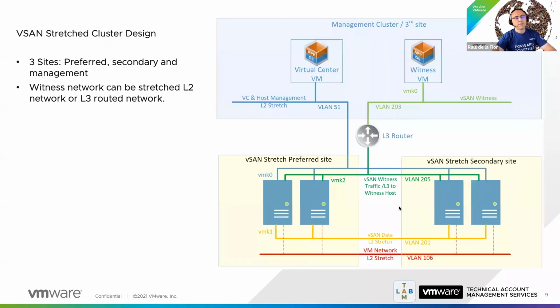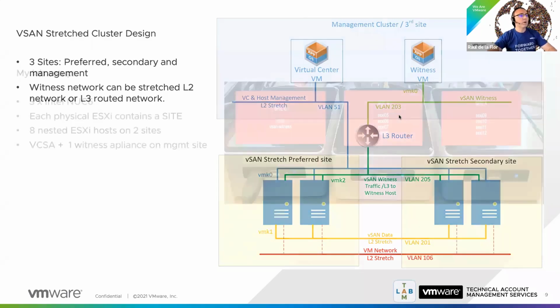Or we can even have the witness VM away on a completely different site, because the latency requirements for the witness are lower. So we talk about 100 milliseconds. It depends on the scenario. So it could be even in the cloud or anywhere else, and then we could go through a layer 3 network connecting to the witness.